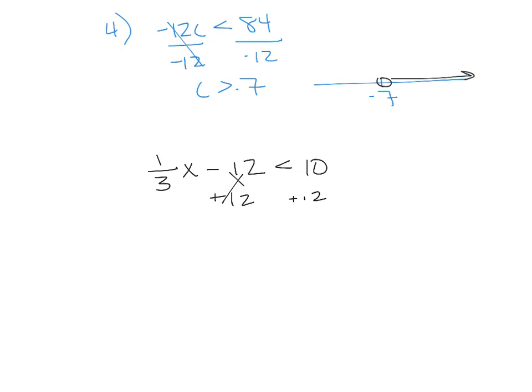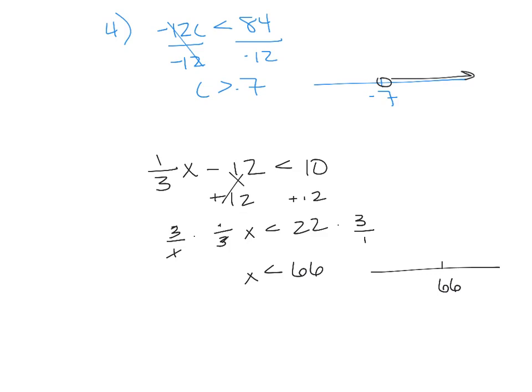These cancel and we get 1/3 x is less than 22. Multiply each side by the reciprocal of 3/1. And these all cancel and we get x is less than 66. To graph that, we have 66. Open circle pointing to the left.